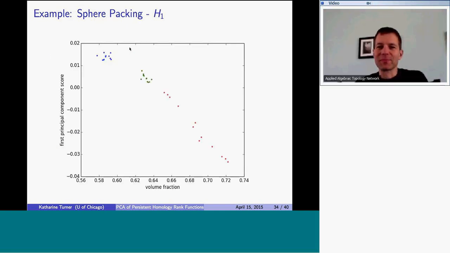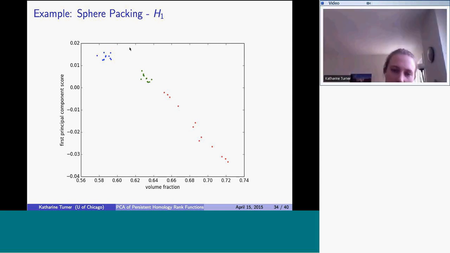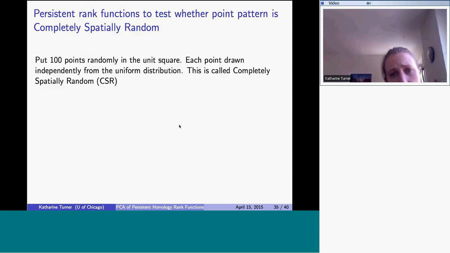So again, the first principal scores for H1 are highly related to the volume. The same coloring as before: blue is disordered, green is pre-ordered, and red is crystalline.